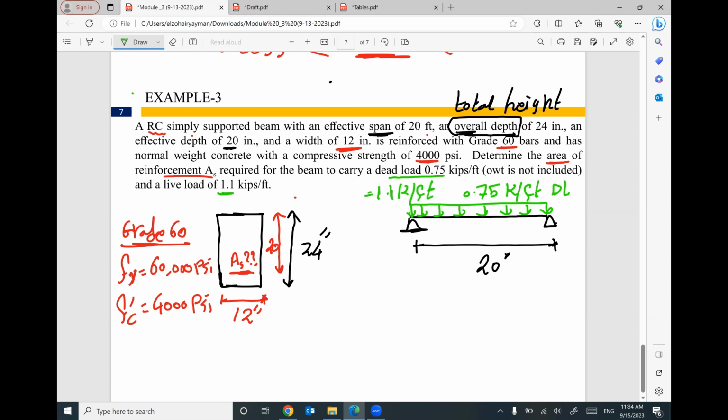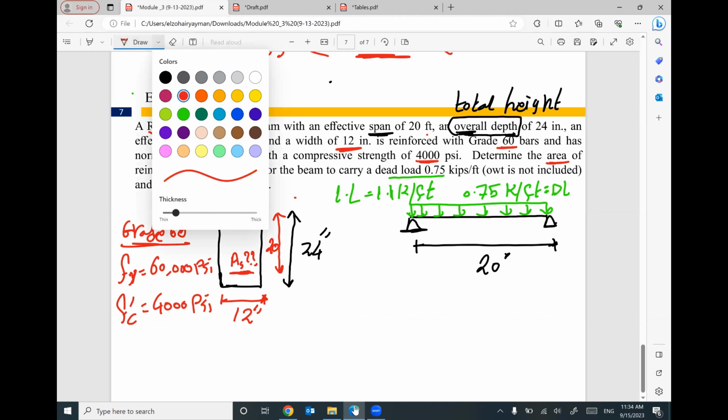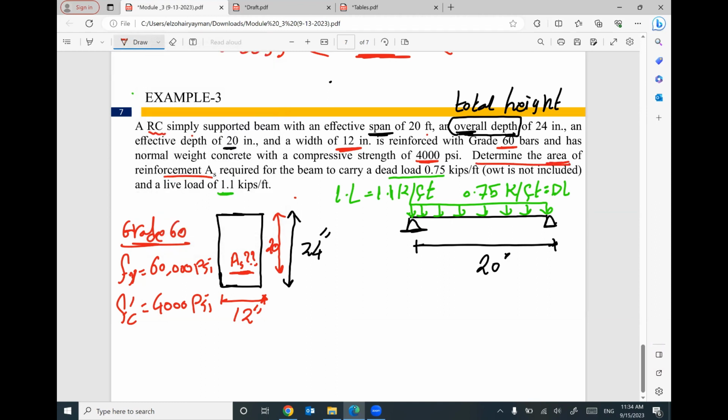This is your live load. We are given an important piece of information here. We have dead load 0.75, but this dead load does not include the own weight of the beam. This is a good point. Own weight is not included in this number, 0.75. And we have live load equal 1.1.